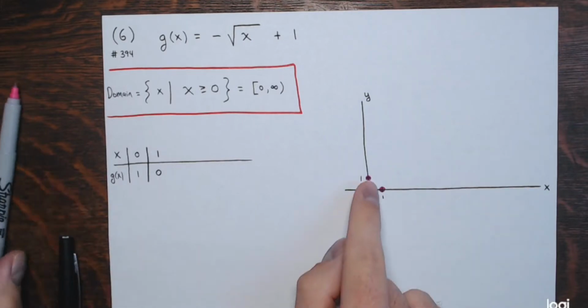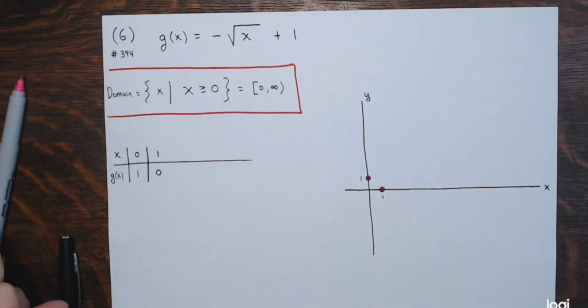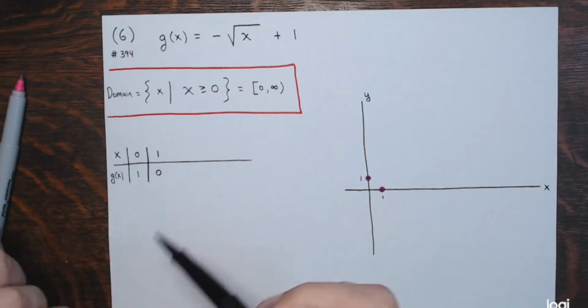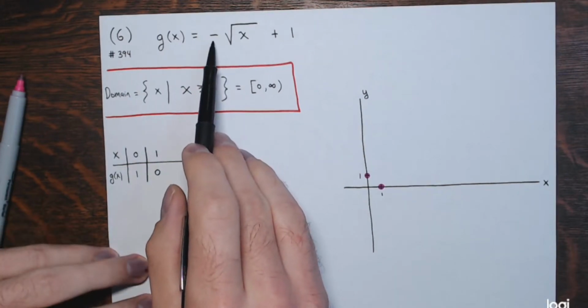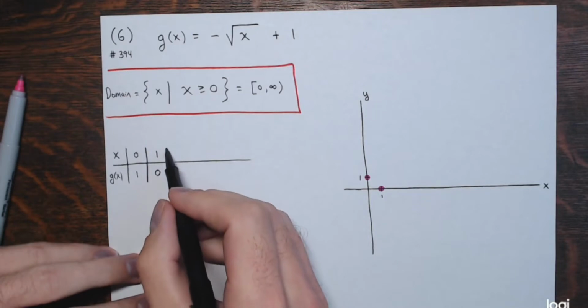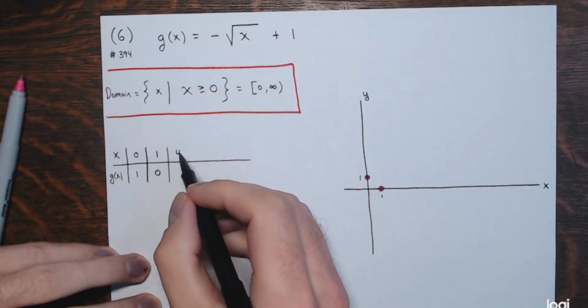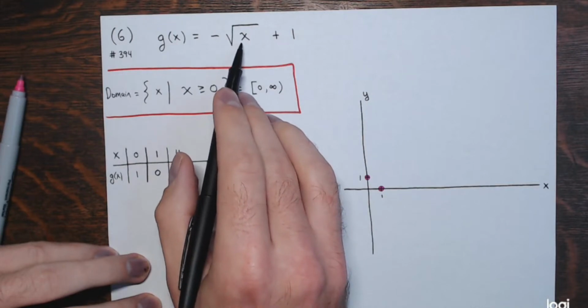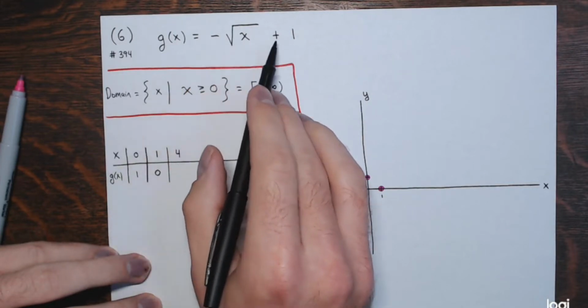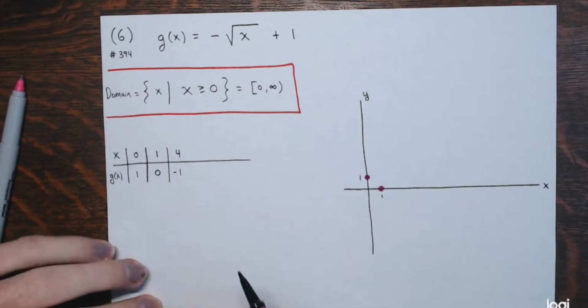So it looks like this one's going to be curving down, going down forever. And that has to do with the fact that we multiply the square root by a negative number. All right, then the square root of 4 would be nice, right? If x were 4, the square root of 4 is 2. So this is negative 2 plus 1 would be negative 1 for the output.